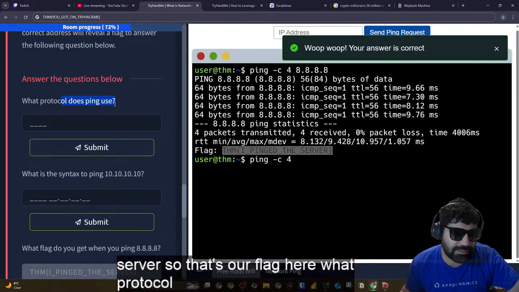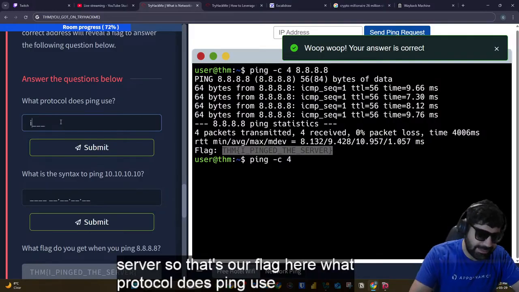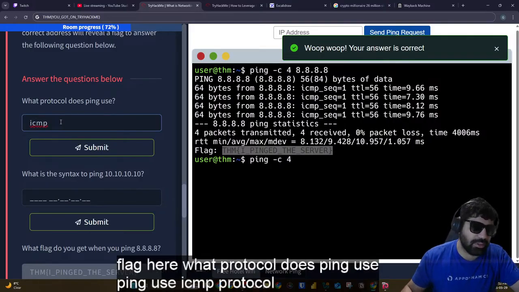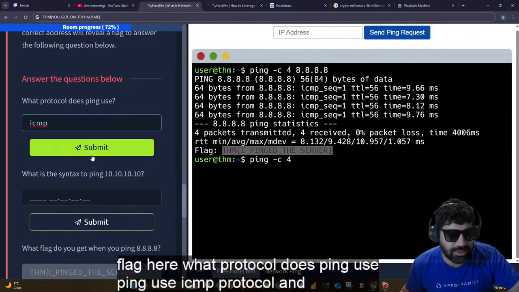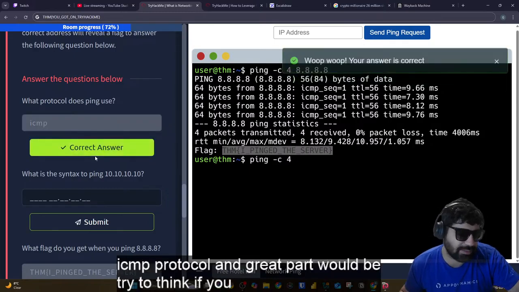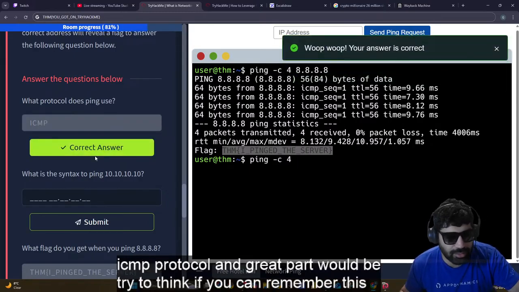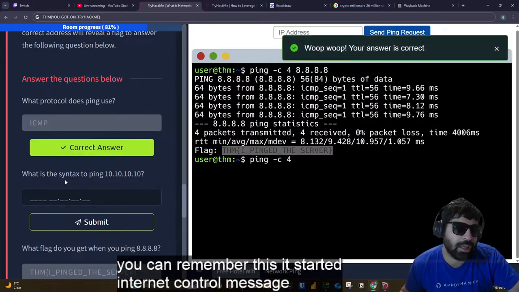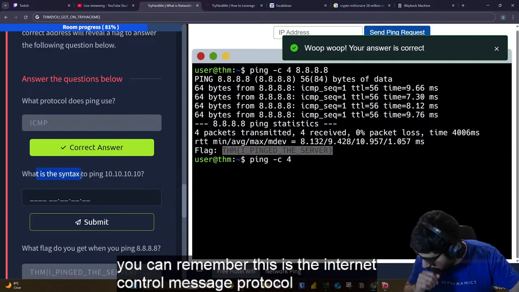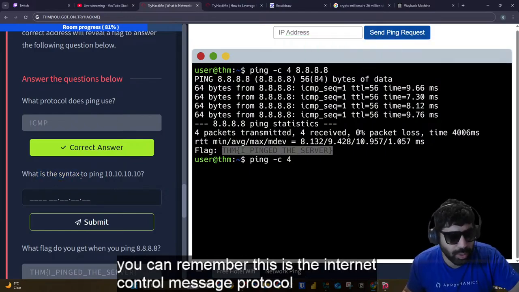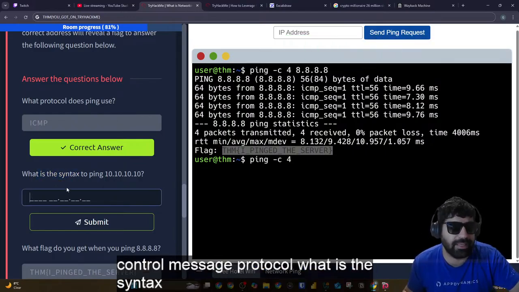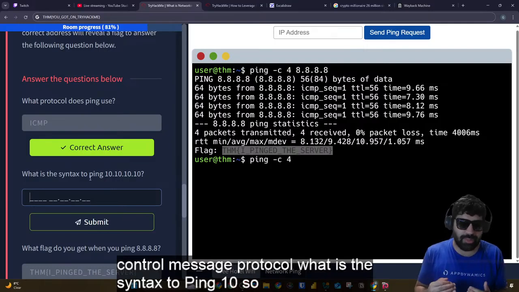What protocol does ping use? Ping uses the ICMP protocol, and the great part would be, try to remember this: it's the Internet Control Message Protocol. What is the syntax to ping 10? The most important one is ping.